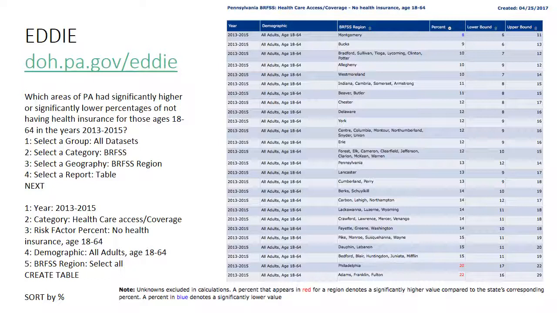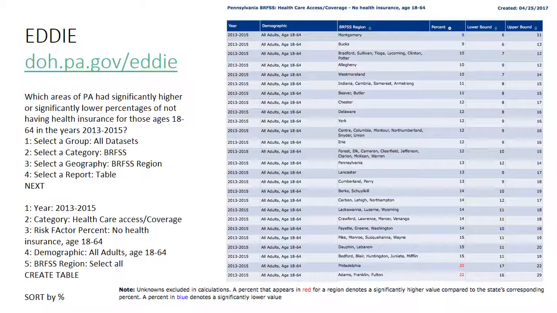Now that we have it sorted, it's pretty easy to see the region significantly lower than the state average. In blue, it would be the 8% for Montgomery County. So Montgomery County had the highest percent of individuals having health insurance, and the lowest percent of individuals not having health insurance for the whole state.